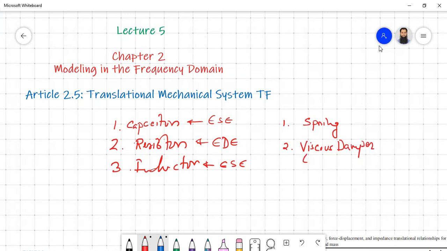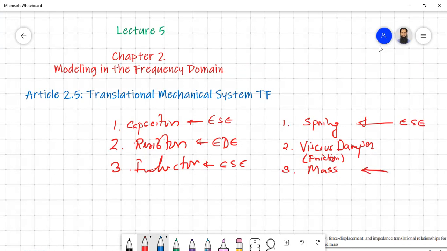You can also call it friction. The third one is mass. Similarly, the spring and the mass are energy storing elements in the mechanical system.